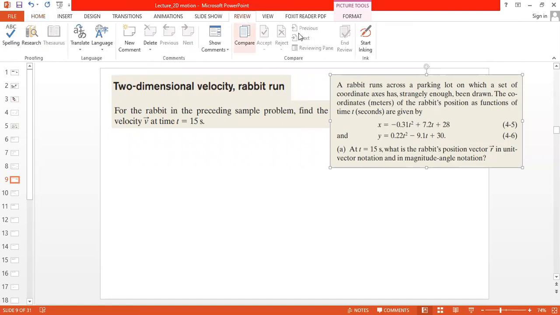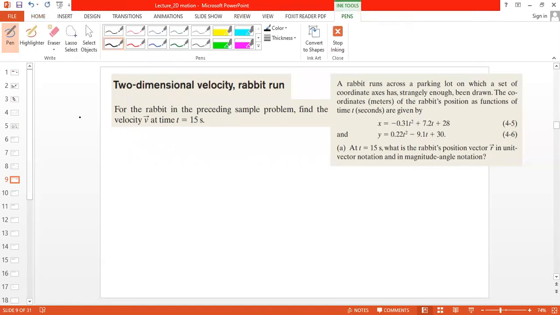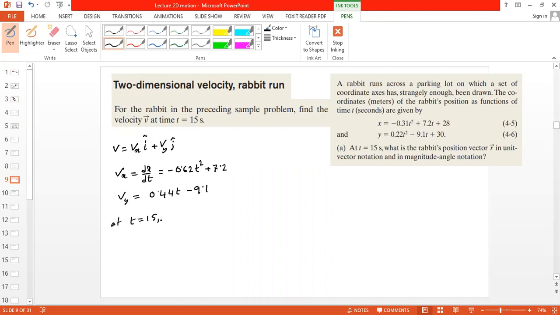Let me write it once again for you guys. V is equal to Vx i plus Vy j, and then Vx equal to dx over dt, which is basically equal to minus 0.62 t plus 7.2, and Vy is equal to 0.44 t minus 9.1. At t equal to 15 seconds, Vx is equal to what?